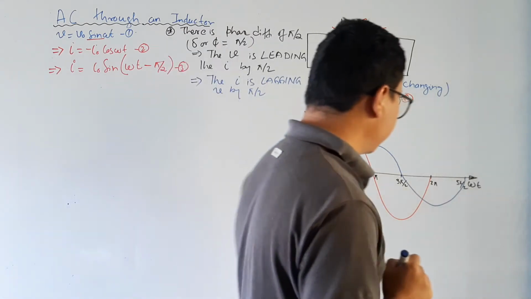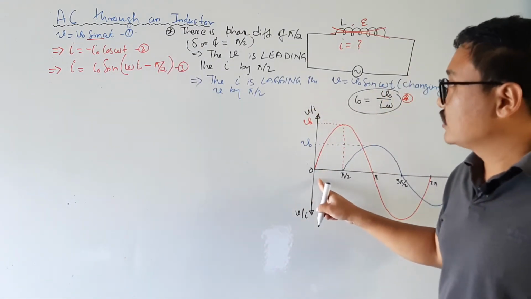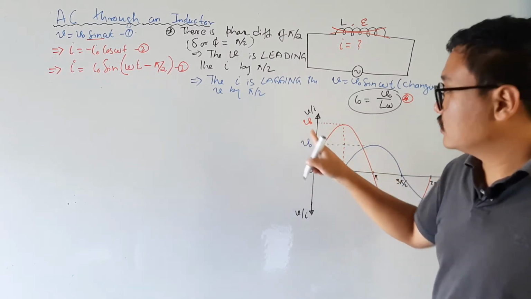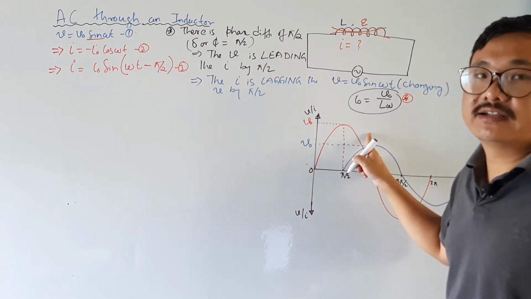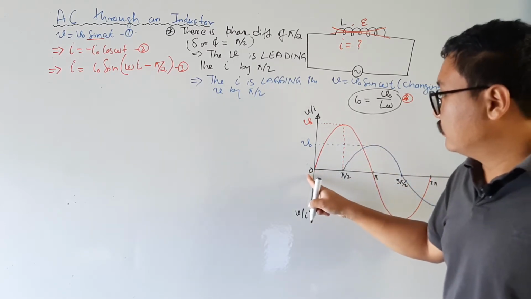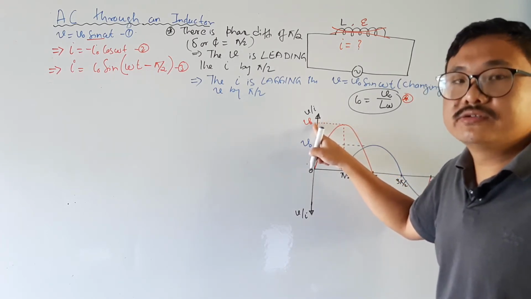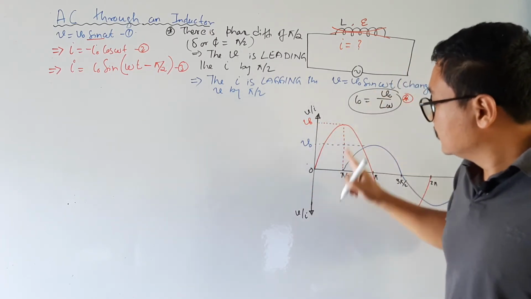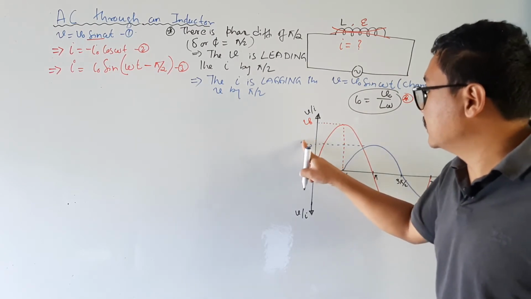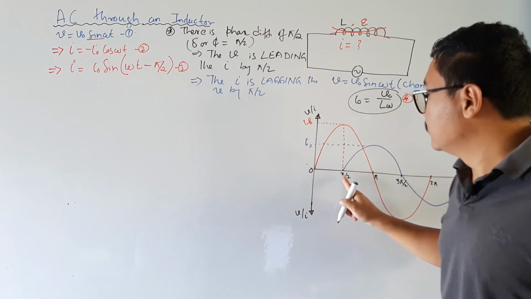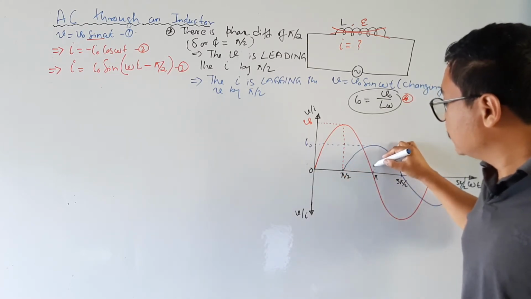So this is a different diagram than the previous one. Why? Because of the phase difference, this kind of difference in the diagram has occurred. The voltage already started and reached the maximum of V0, and after that, from pi by 2, the current started and reached the maximum I0 at pi.